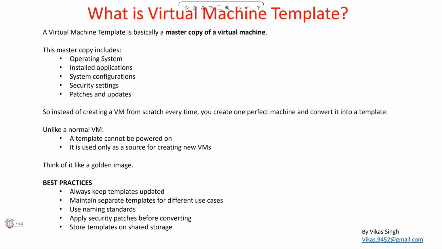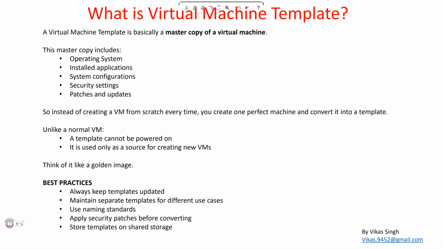Some best practices around templates: always keep templates updated, and maintain separate templates for different use cases. Let's say if you have one copy for developers, one copy for the testing environment, and one copy for the production environment, you should have a different template based on each use case. Use a naming standard: always follow a correct naming standard to identify your templates and their purpose.